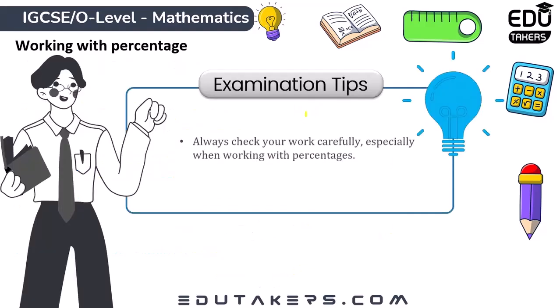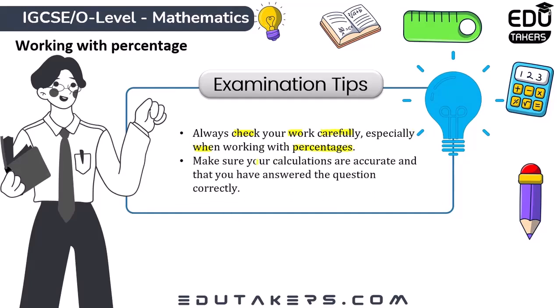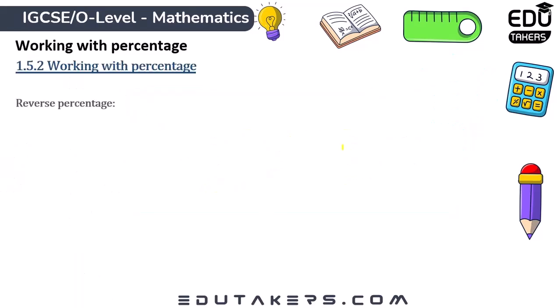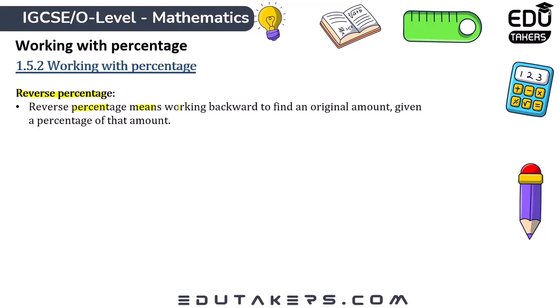Examination tip. Always check your work carefully, especially when working with percentages. Make sure your calculations are accurate and that you have answered the question correctly. Now reverse percentage. Reverse percentage means working backward to find an original amount given a percentage of that amount.